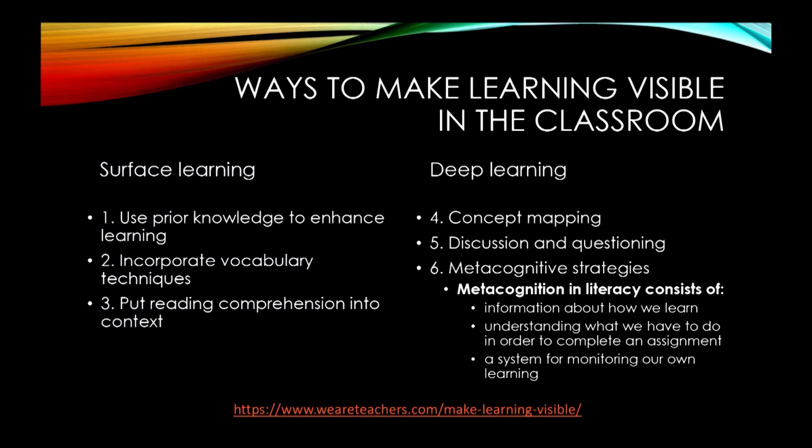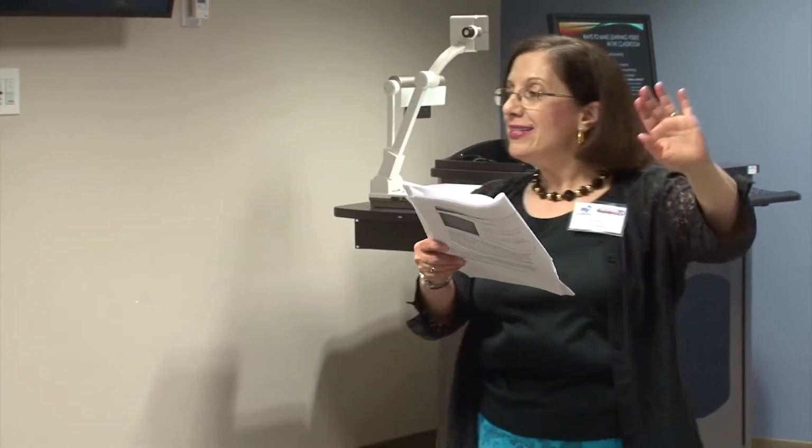Well, for surface learning, we want to use prior knowledge to enhance learning. Prior knowledge can help slide a student into the learning instead of creating a barrier. Be careful though, because if they show that they already know something but they don't know it correctly, that can be problematic.